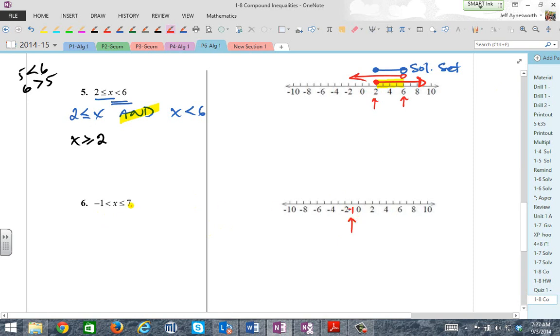My second reference point is 7, which is right here. I see x less than or equal to 7, so it's a solution. Since -1 is less than x, that means x is not -1, so it's not a solution, but it's going to be all points in between. Okay, x is between -1 and 7, but it includes 7 because of the equal to part.